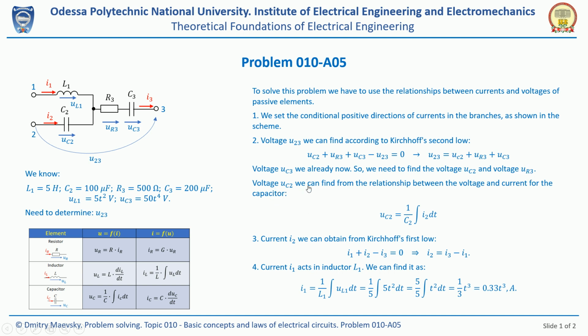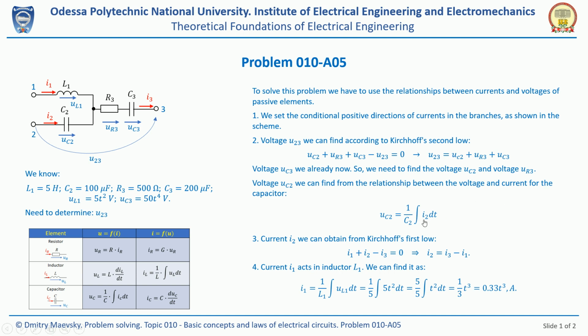Voltage UC2 we can find from the relationships between the voltage and current in the capacitor. We can see that this voltage is 1 over C2 times the integral of I2 dt.